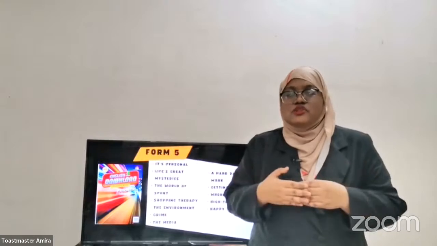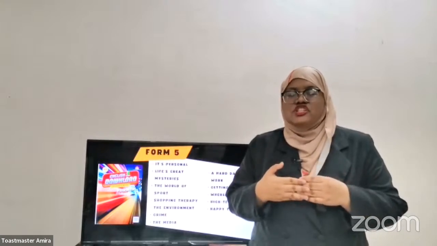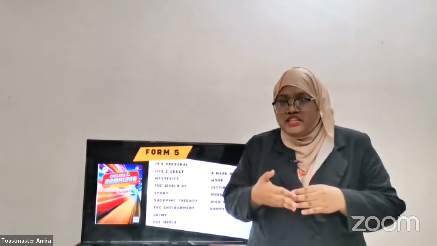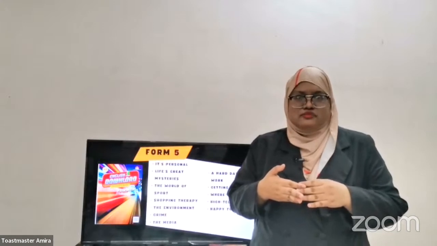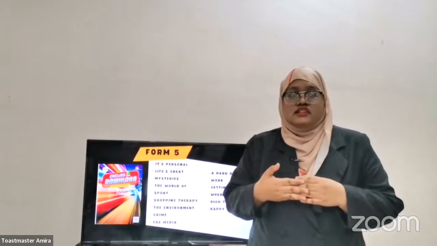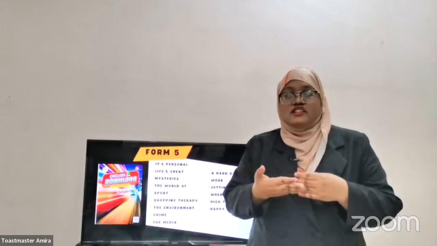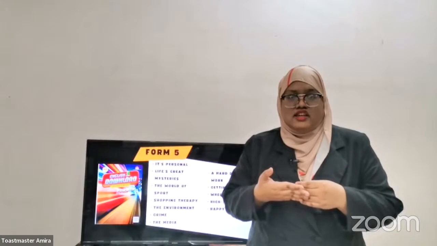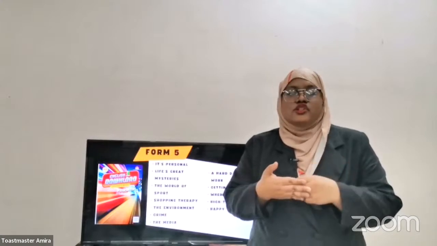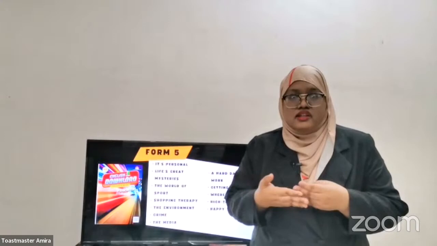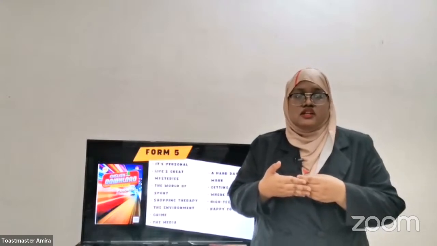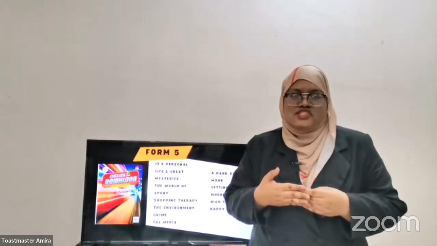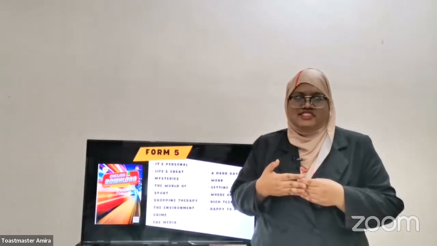I recommend you use Cambridge Dictionary online if you want to find the meaning of a word in English. After you find the difficult words and their meanings, make a checklist. Write it in your notebook, your iPad, your tablet, and then make a sentence using that word.